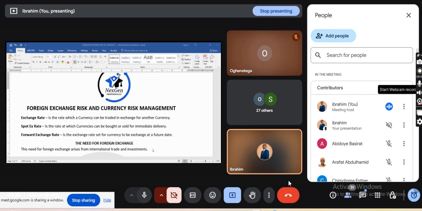For instance, as a Nigerian, today it is 1,650. They could tell you that the forward rate in the next 6 months could be 1,300. They are hedgers, right? Now, forward exchange rate is what the rate of exchange will be in the future.